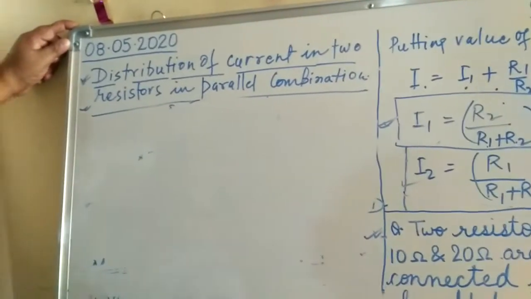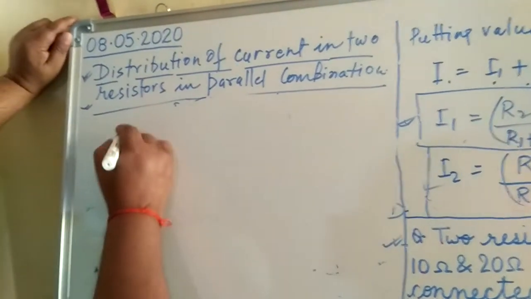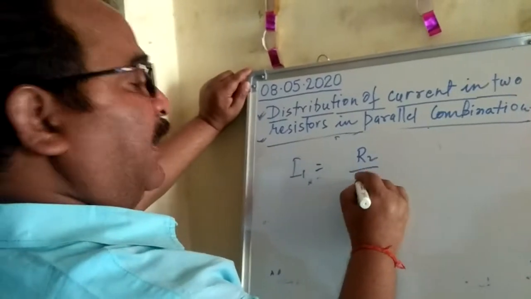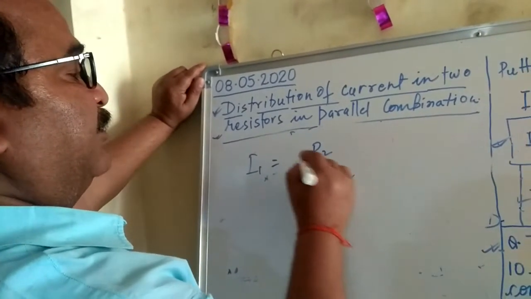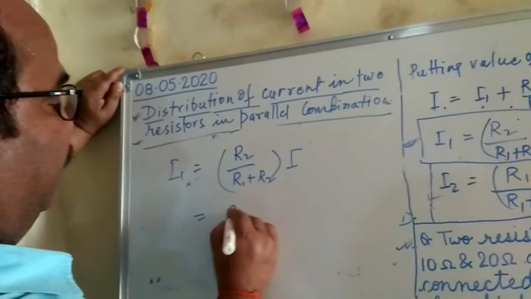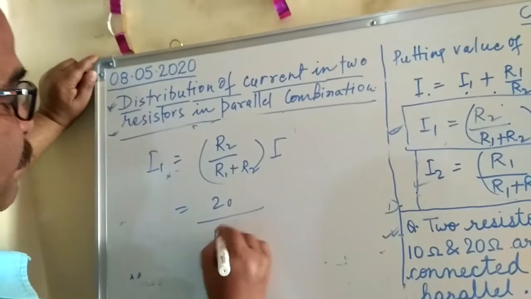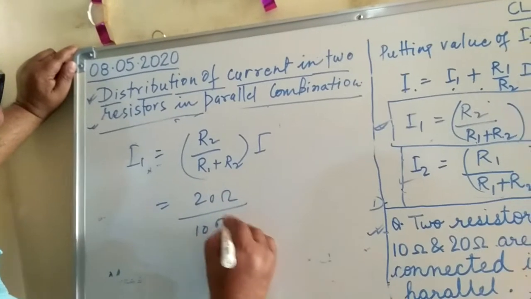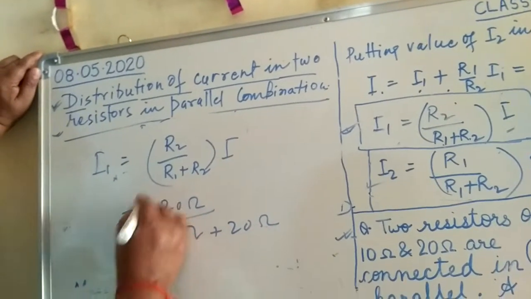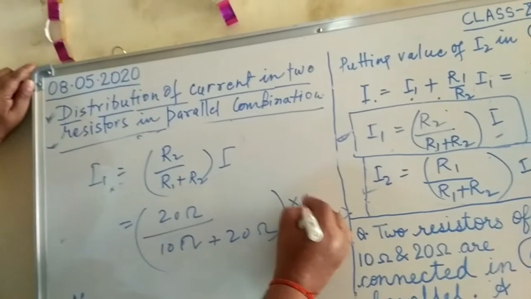Taking the help of the formula, we know that I1 is R2 by (R1 plus R2) into I. We put R2 is equal to 20 ohm, R1 is equal to 10 ohm, plus R2 is equal to 20 ohm, and I is equal to 6 ampere.